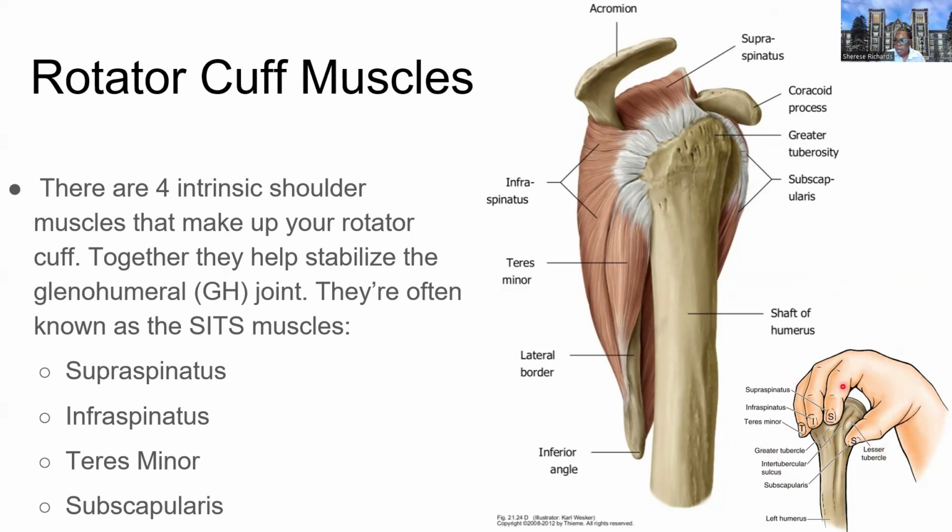So these 4 muscles, subscapularis being the anterior most, supraspinatus being the superior most, infraspinatus, and then teres minor, in that very order, help to anchor the head of the humerus very securely into the glenoid cavity and maintain the integrity of the shoulder joint.